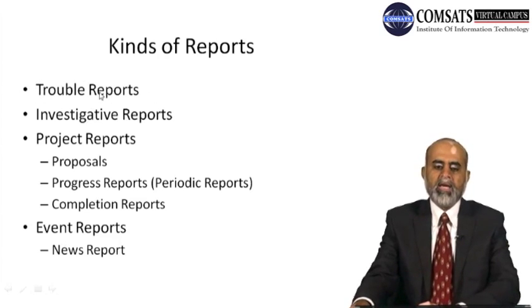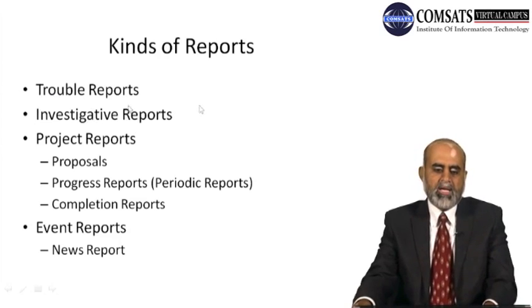For example, if there had been a fire incident in chemistry lab of your school, and you are asked to write a report about it, that would be a trouble report. So trouble report could be about safety hazards, it could be about health problems, safety, security, and it could be any trouble actually.